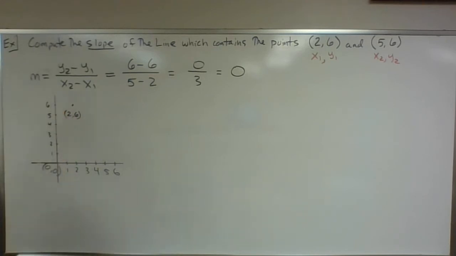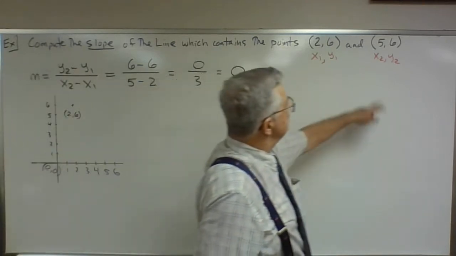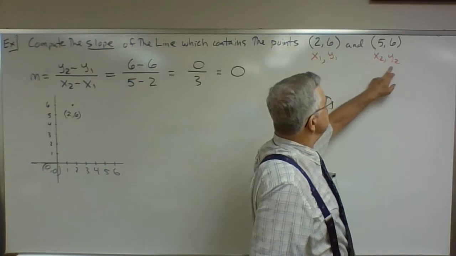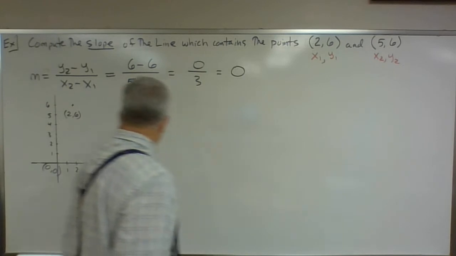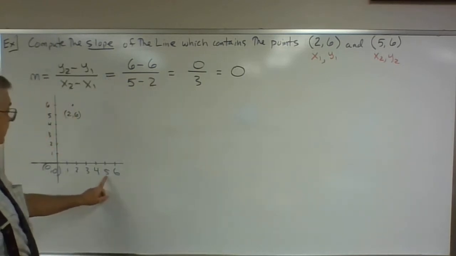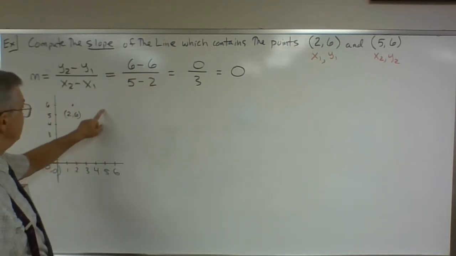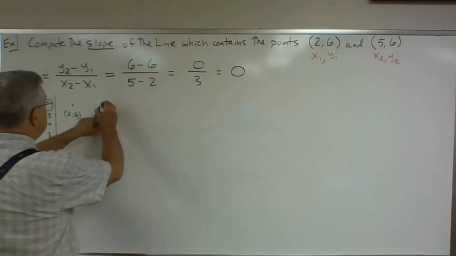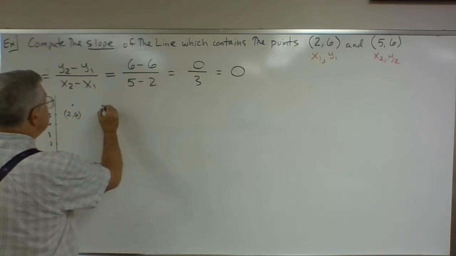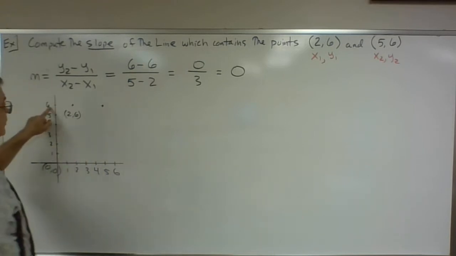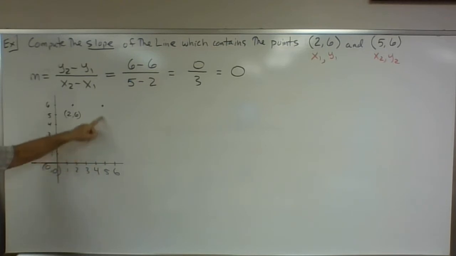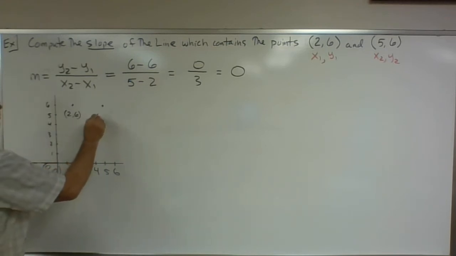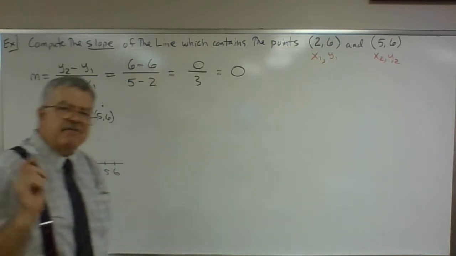Now let's plot our second point, x2, y2. x2 is 5, y2 is 6. Here's x equals 5, and we go up to y equals 6. Beautiful.